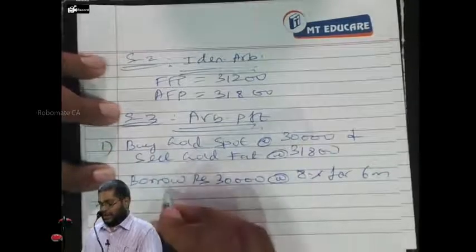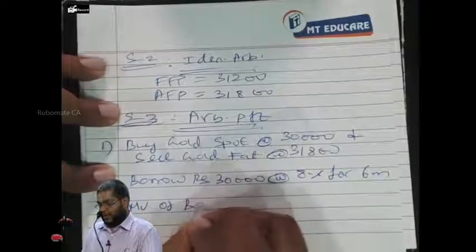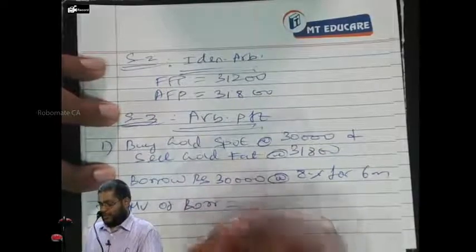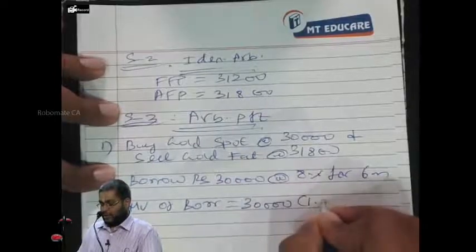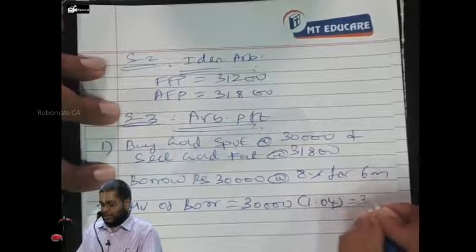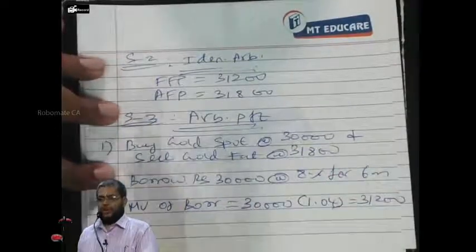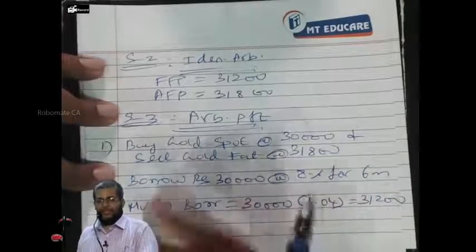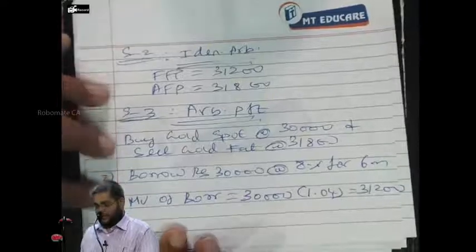Point number 3. Maturity value of borrowing is equal to 30,000 into 1.04, which is 31,200. If we do e compounding, it becomes about 31,240 as the case may be. Yes or no? Now it is 31,200.